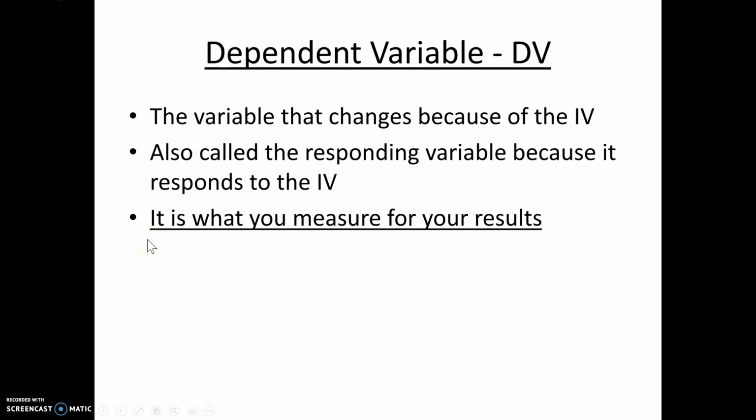As we take a look through the experiment that we're going to use as an example here, this is what we are measuring. So for the example of our plants, fertilizer is our independent variable, and our dependent variable is going to be the growth of the plants, because that is really what we're taking a look at here. So this is the measuring portion, or the responding variable here.